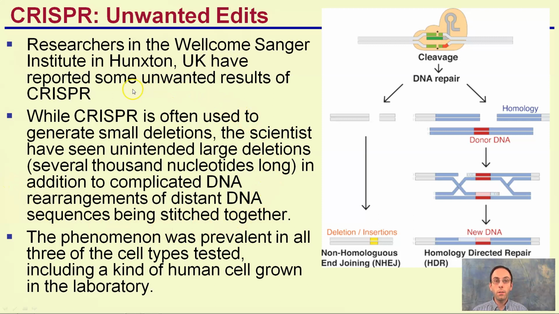These are all things not intended, but can occur, so we must be mindful, especially when we're looking at human gene editing. This phenomenon was prevalent in all the three types of cells tested, including a kind of human growth cell in the laboratory. So again, something just warranting caution, and this is a relatively new technology and needs to continue to be studied so we don't have any of these unwanted edits.